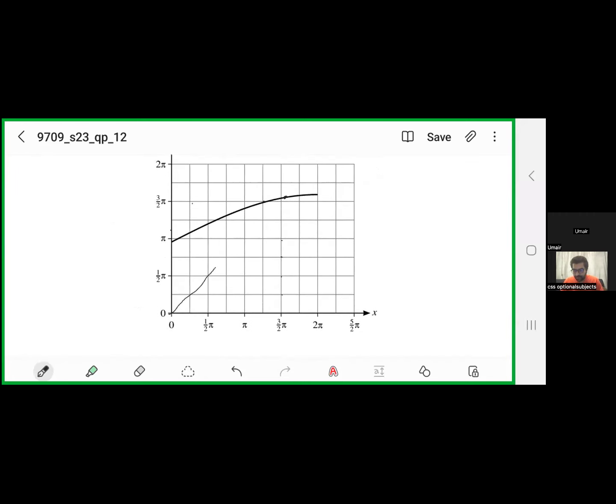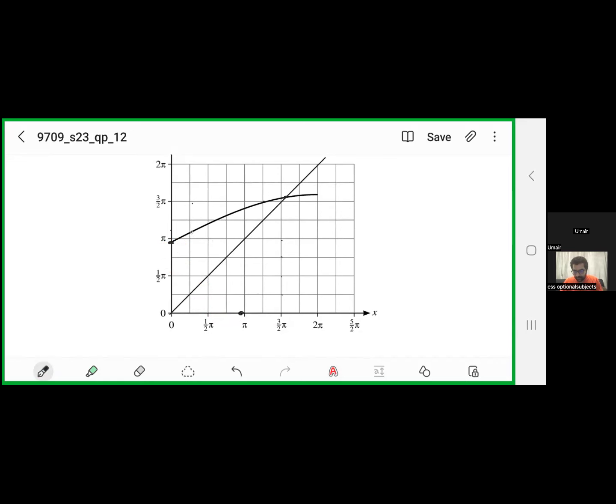This is the line where y and x are both equal. After drawing this line, if you have to draw the graph of the inverse function, you just need to swap the values of y and x. You will interchange the values of y and x. So this value of y, which is just below pi, will become x over here.